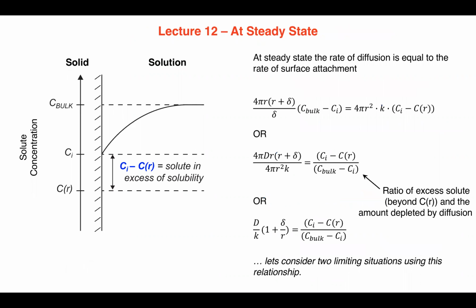All right, so let's consider the case where diffusion is actually equal to the rate of surface attachment. Okay, so at steady state, those two quantities kind of have to match each other. So if you take the diffusion equation here and you take the surface attachment equation here and you set them equal to each other and then you rearrange, you end up with this interesting expression that looks at the ratio of CI minus CR and C bulk minus CI.